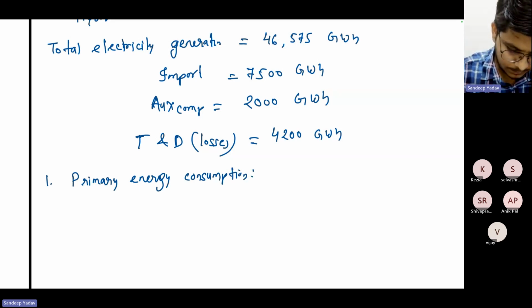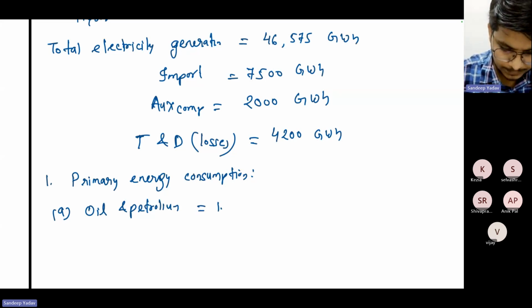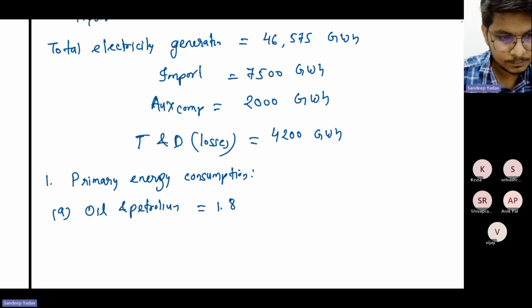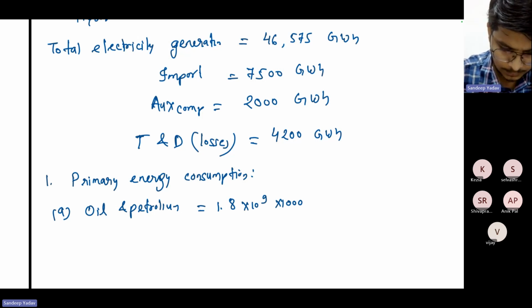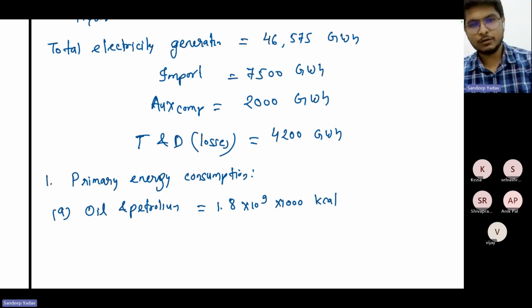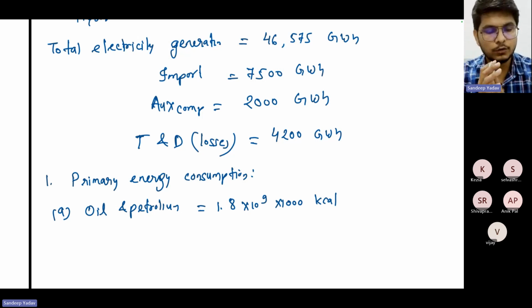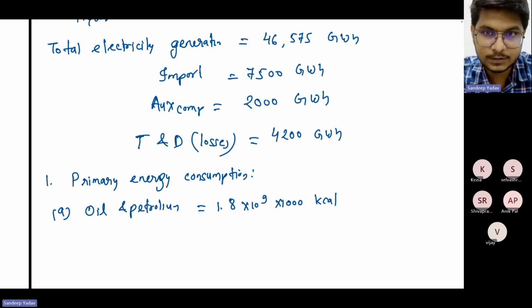So primary energy consumption A from the oil and petroleum is 1.8 into 10 raised to power 9 into 10,000 kilocalories. So how have we calculated this? We have just multiplied the amount of coal being used and the calorific value that we have just seen here.